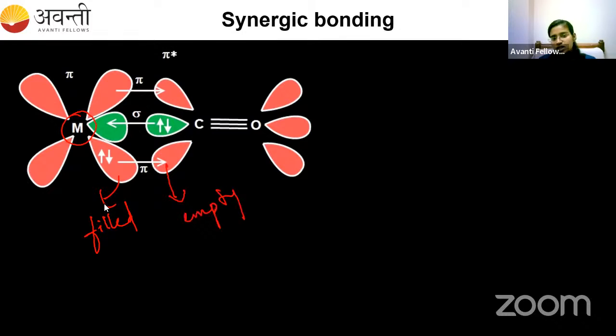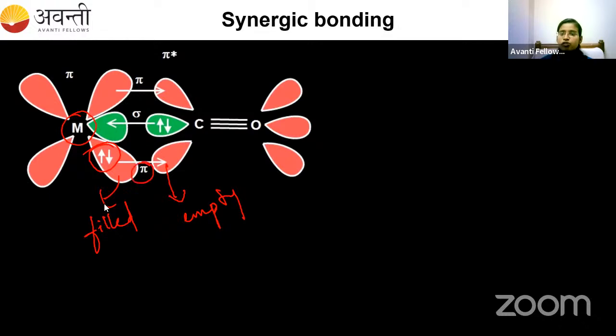So now what this metal will do, since the metal is having the filled electrons in its orbital, it will donate those electrons to the empty orbital of CO. The filled orbital of metal will donate the electrons to the empty orbital of carbonyl ligand, and it will lead to the formation of pi bond.